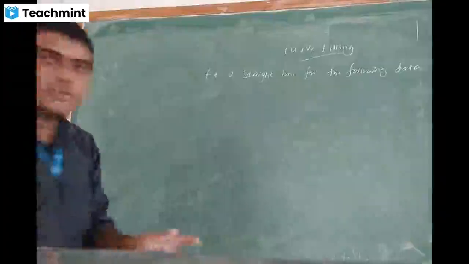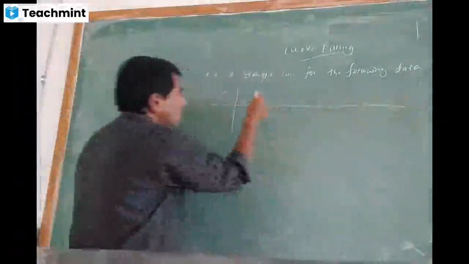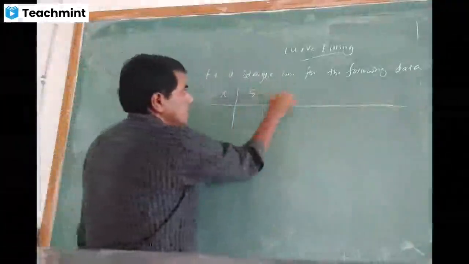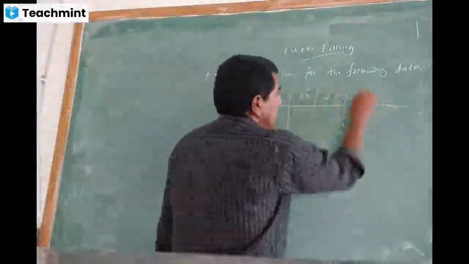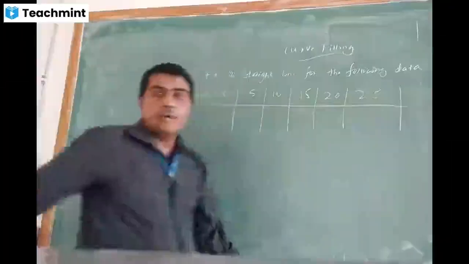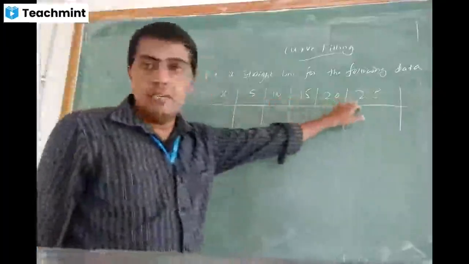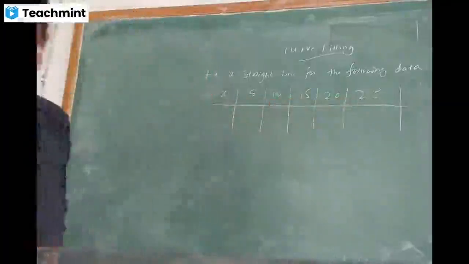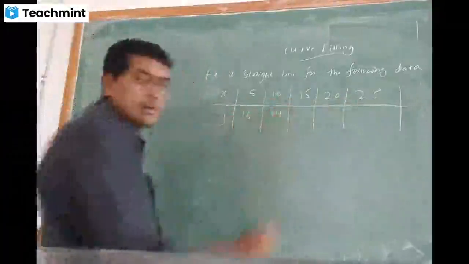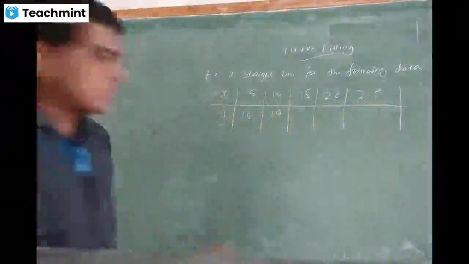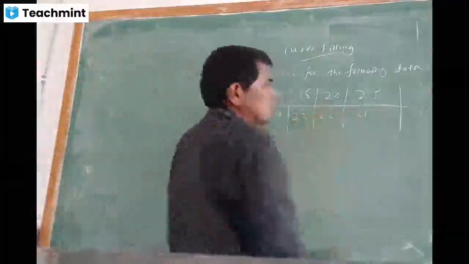Then we put the values of x and y. So the x values are given as 5, 10, 15, 20, and 25. Next, the y values are 16, 19, 23, 26, and 30.